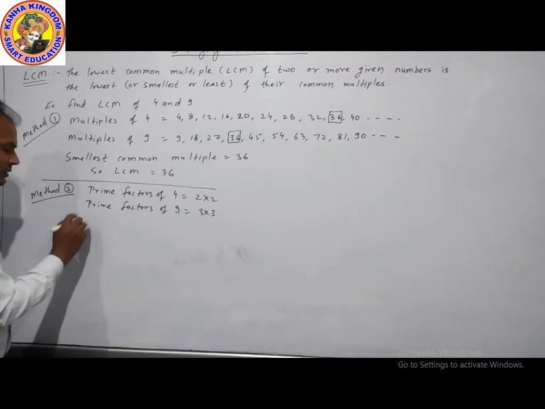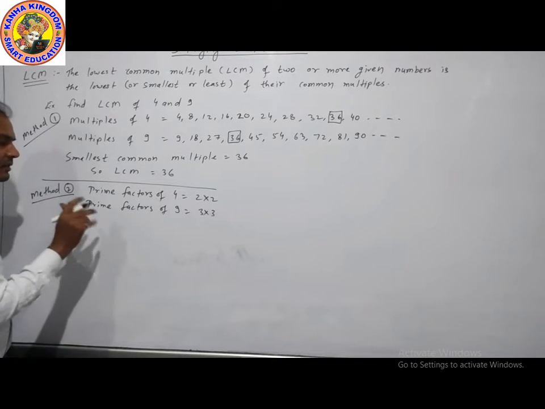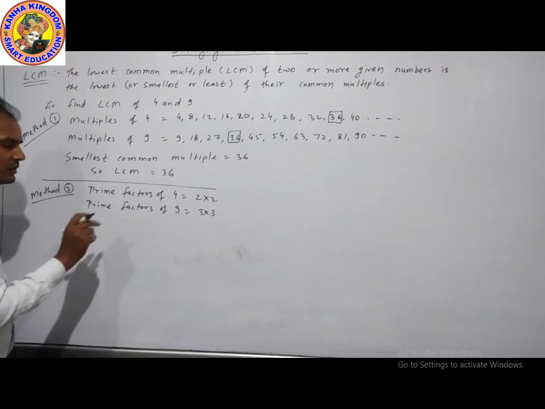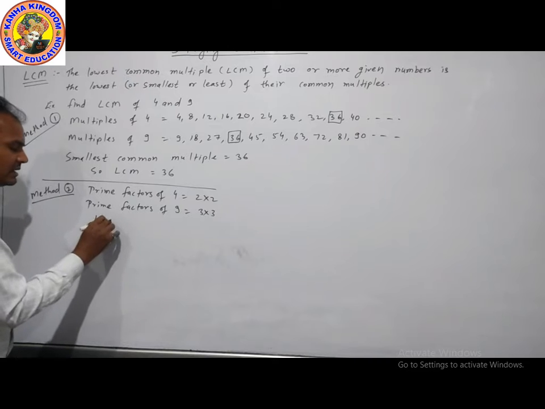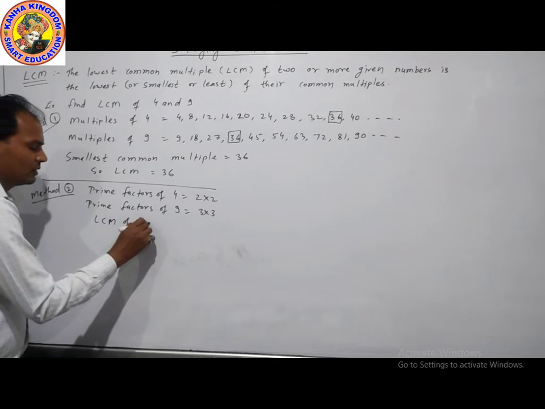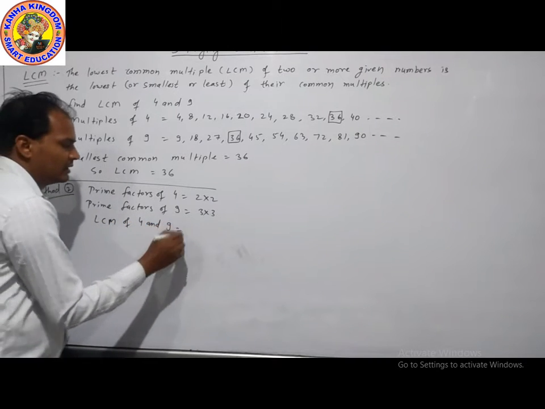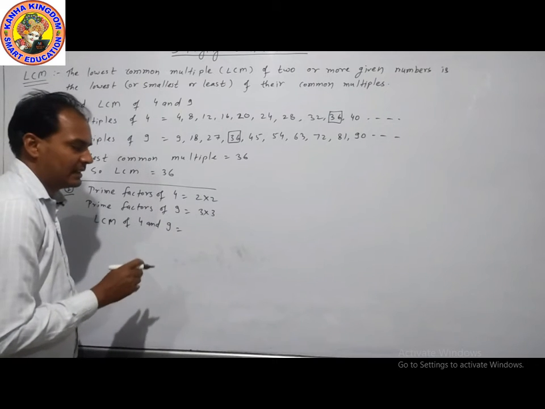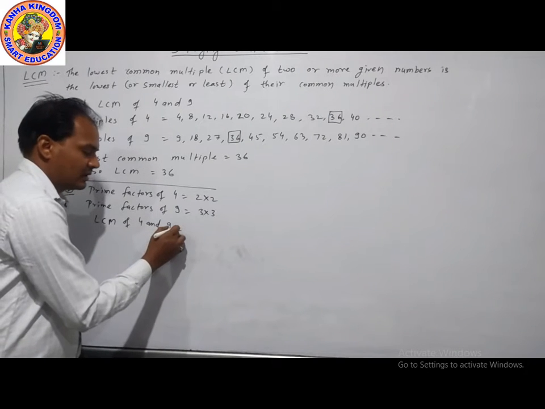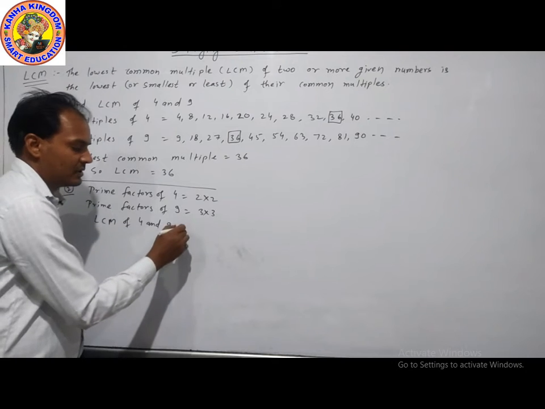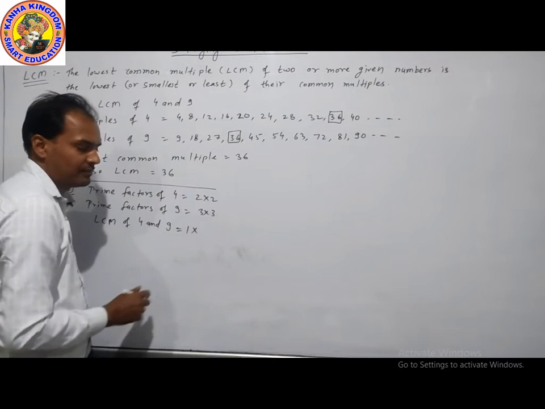Now taking factors of 4 and 9 means LCM of 4 and 9. First of all, we take common factors. There are no common factors, so this will be 1.